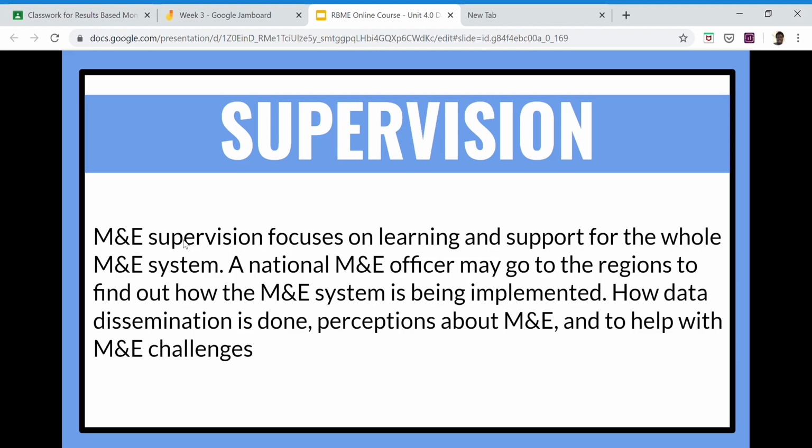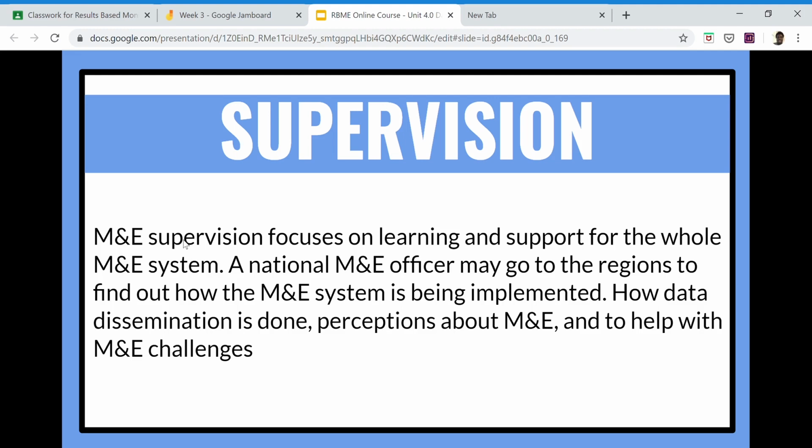Supportive supervision is actually having the M&E officer who is responsible for making sure that yes, every component of the system works in the way it's supposed to, and it's not about policing. But it's focused on the M&E system, the 12 components of the M&E system.